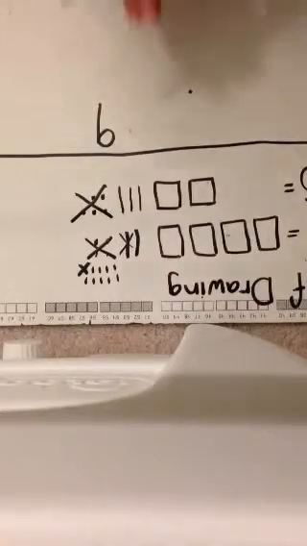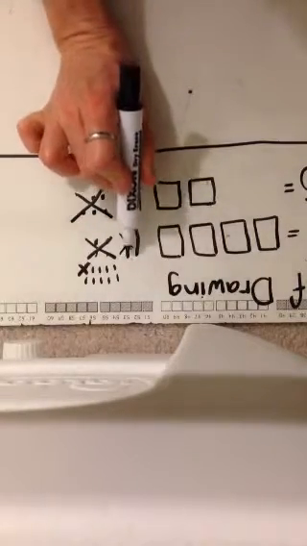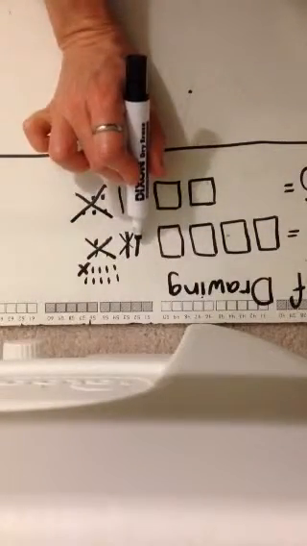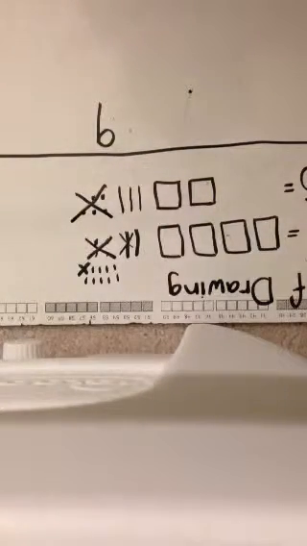Our next step is to go into the tens. Remember, we broke this apart, so this is really not here. So it's 10 minus 30. Boys and girls, can we do 10 minus 30? No, that is impossible.